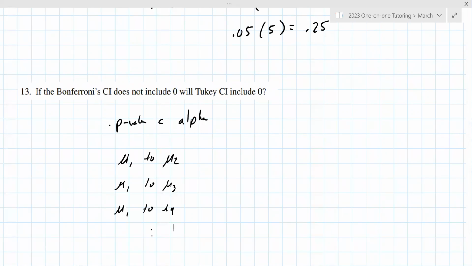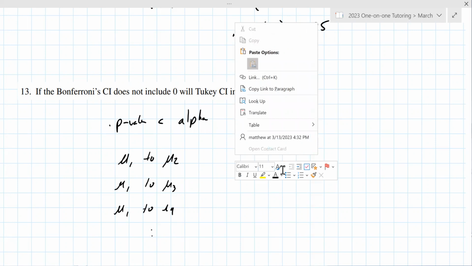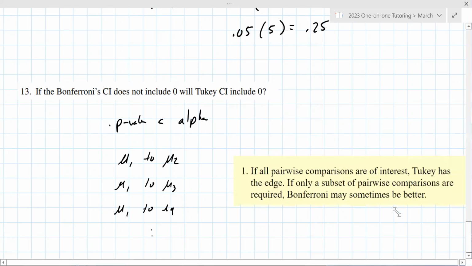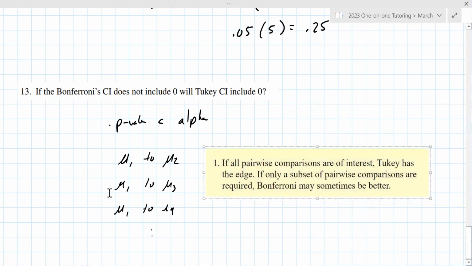All right, this is kind of interesting. You probably have to follow this up in class. But the answer here is, I believe there probably is a difference just the way it's written, but it says if pairwise comparisons are of interest, and that's what I was showing you here, a Tukey has the edge. If only a subset of pairwise comparisons are required, the other one may be better.